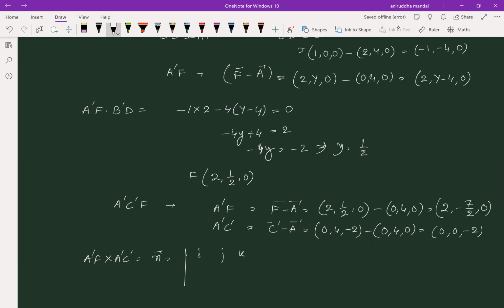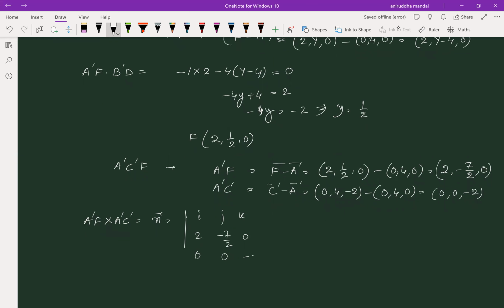So i, j, k, (2, -7/2, 0) and (0, 0, 2). Okay, so i is 7, minus j is minus 4, plus k is 0. So the normal vector is (7, 4, 0). So this is the normal vector.